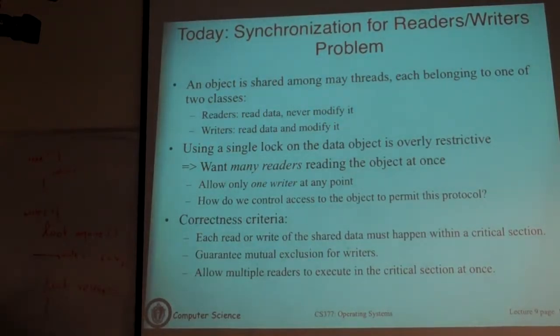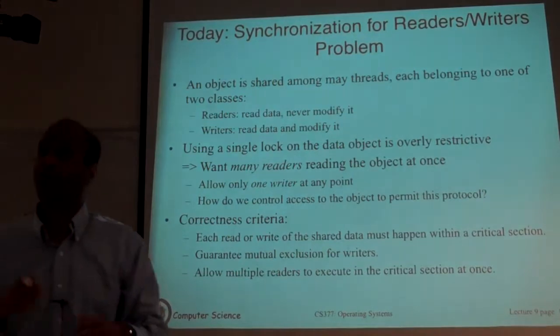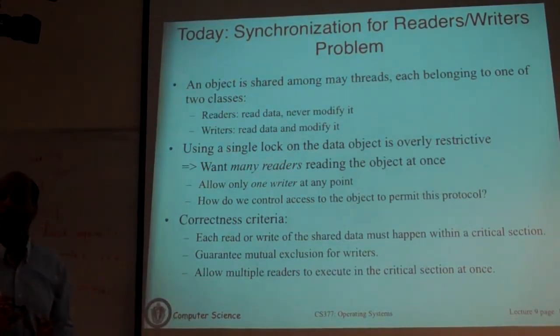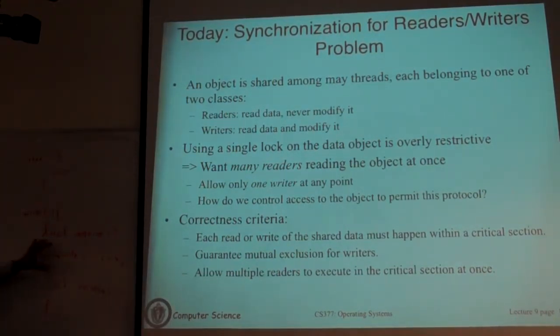If this was some complicated data structure that you modified half of, and not the other half, it's not a consistent snapshot of what it looks like. You'll read something that may end up being garbage, or you may cause the thread to crash. So you don't want this to happen.